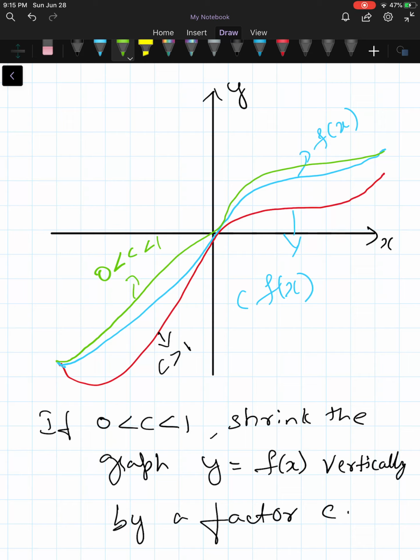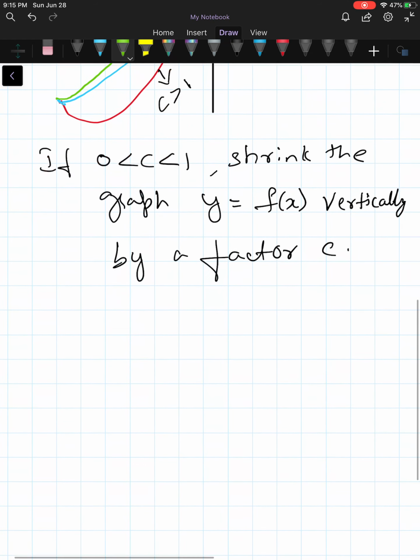You can see larger values of y for the same values of x would be stretching, and lesser values of y for values of x will be shrinking. So every change is happening vertically. Therefore this is called vertical stretching and shrinking of graphs.